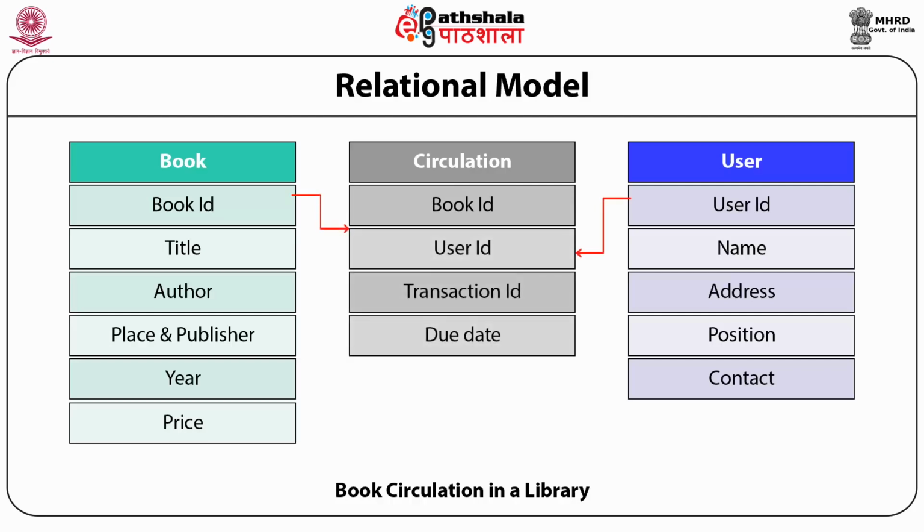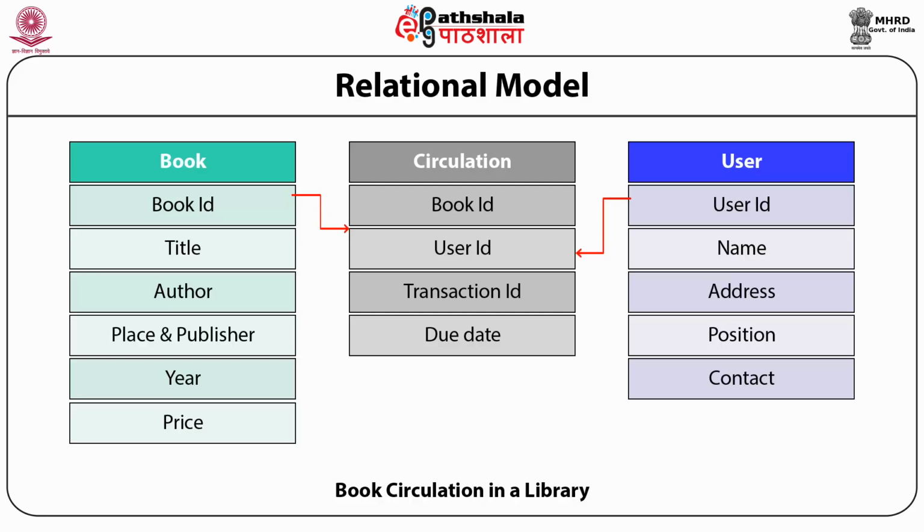That means which book ID is issued to which user ID. So when we want to search who has borrowed which book, we go to the circulation table, give the user ID, and find the details of the person through the user table.